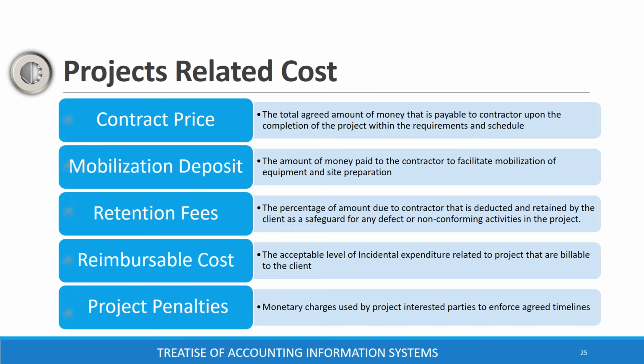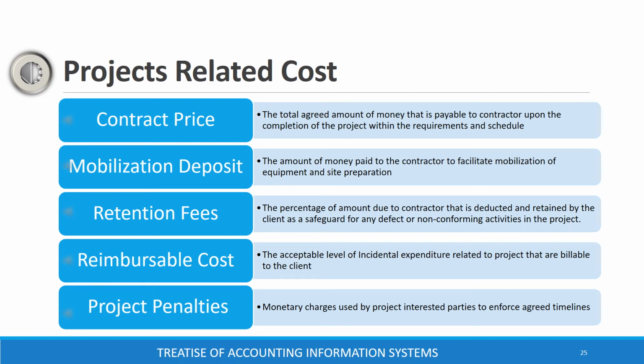Project-related cost comprises contract price, mobilization deposit, retention fees, reimbursables, and project penalties. Contract price is the total agreed amount of money that is payable to the contractor upon completion of the project within the requirements and the schedules.